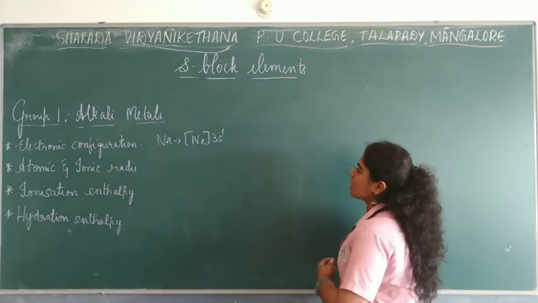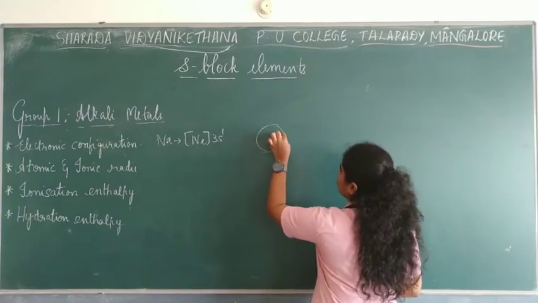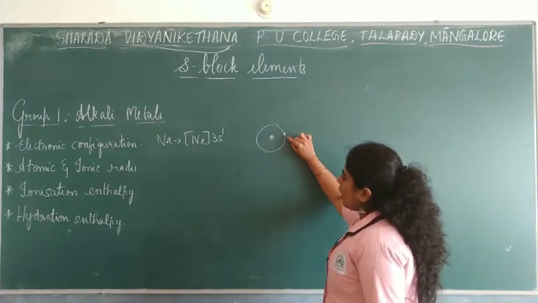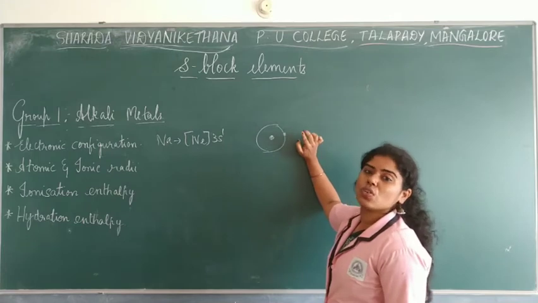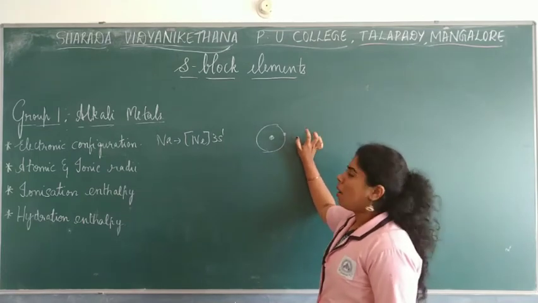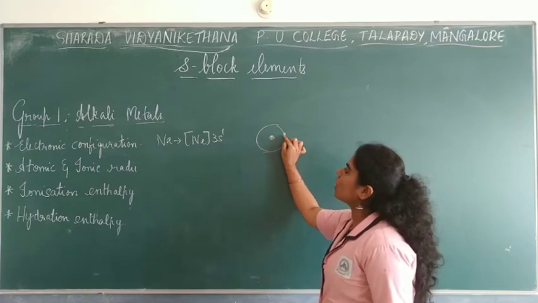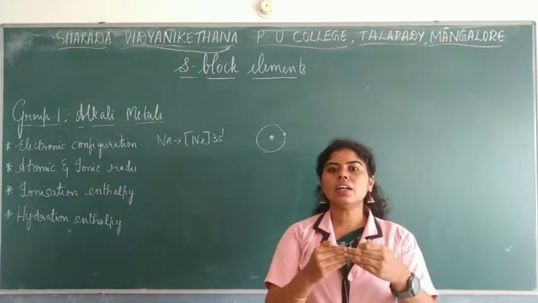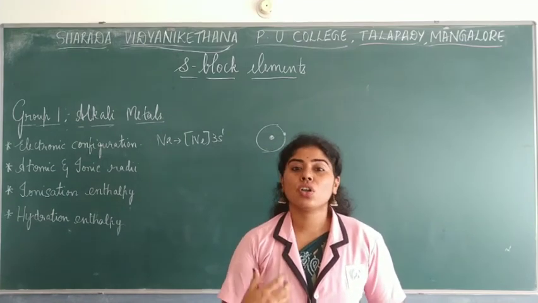So if you have one electron in the outermost shell and there is the nucleus, it is very easy to lose that one electron, because there is less force of attraction between the nucleus and the outermost shell. As the attraction is less, it is easy to lose an electron.